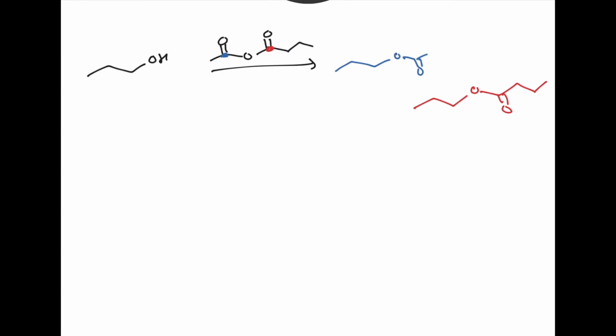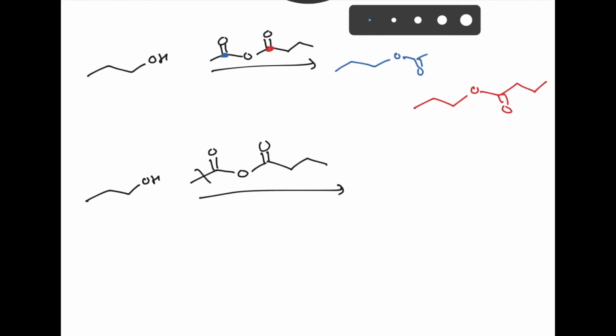So, one, you can just make sure it's symmetric and not have a problem. Or two, if you have to use a mixed anhydride, you can differentiate the two sides sterically. You can make one carbonyl carbon hard to get to, and one carbonyl carbon significantly easier to get to. Tert butyl is kind of our go-to big thing.